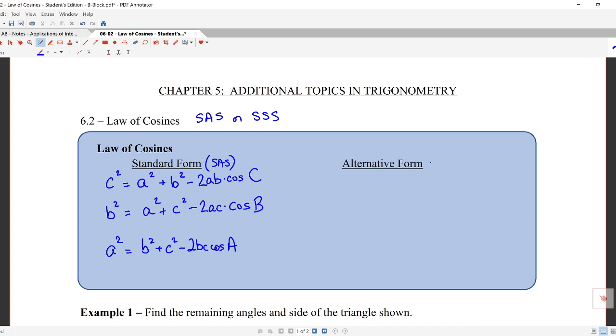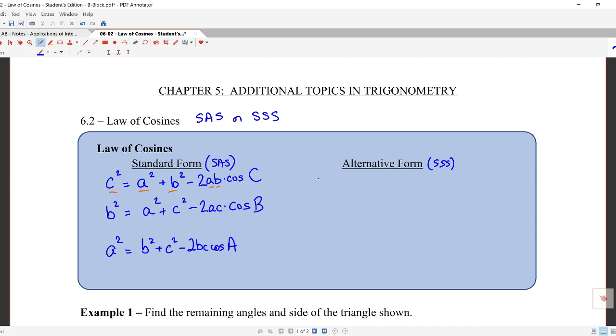Now the alternative form is if you have side, side, side, where you want to find the angle. There's nothing to stop you from putting the three sides in: we can put in side a, side b, side c, and then solve this formula for angle C. But there is a direct formula.